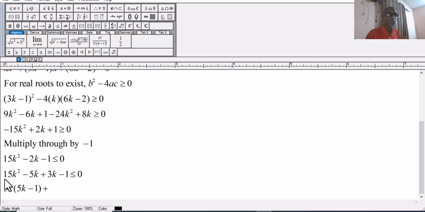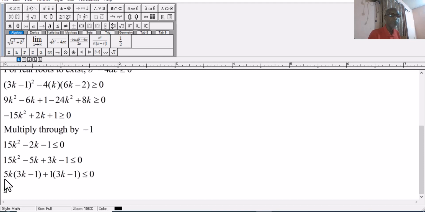Correct. So this is 3, this is 3k minus 1. So we have (5k + 1)(3k − 1) less than or equal to 0.